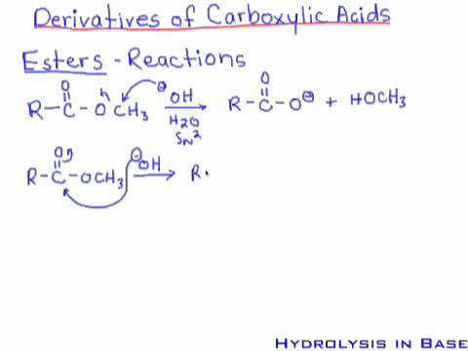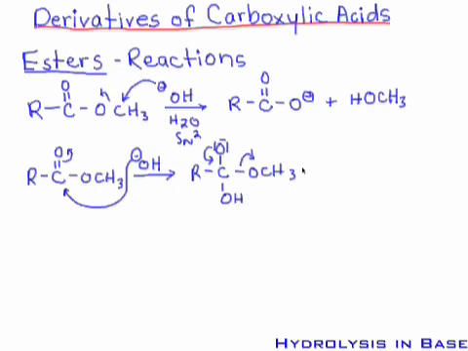Of course, this would produce the intermediate alkoxide with OH and OCH3. At this stage, the reaction may be reversible and may kick out the methoxide, in which case it would take you right back to the ester.